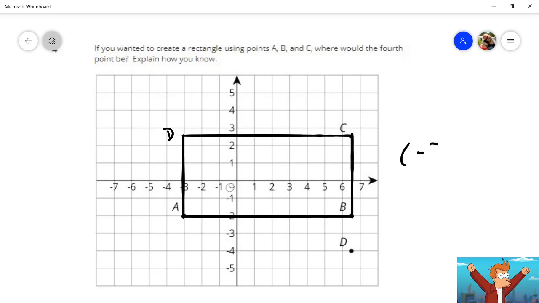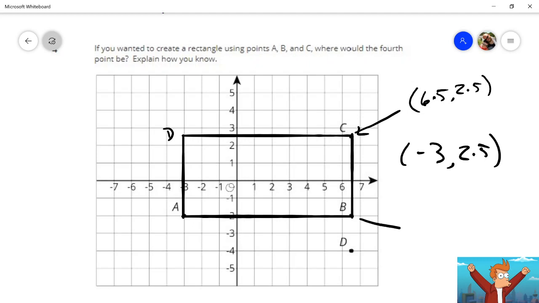That would be -3, comma, 2.5. Because if I look at C, that's going to be 6.5 and 2.5. You got to draw it. I mean, it makes perfect sense when you draw it out.